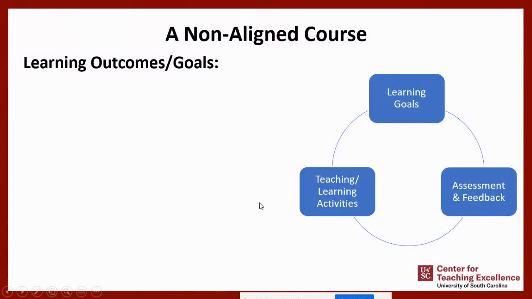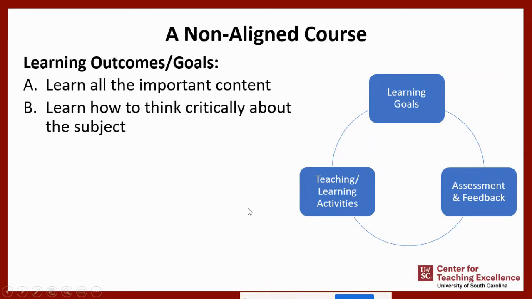So say, for example, your learning outcomes, your learning goals, learning objectives, you say, I want the students to learn all the content, and I want students to think critically about the subject. Great. That's what we all want to do. However, there's a disconnect.